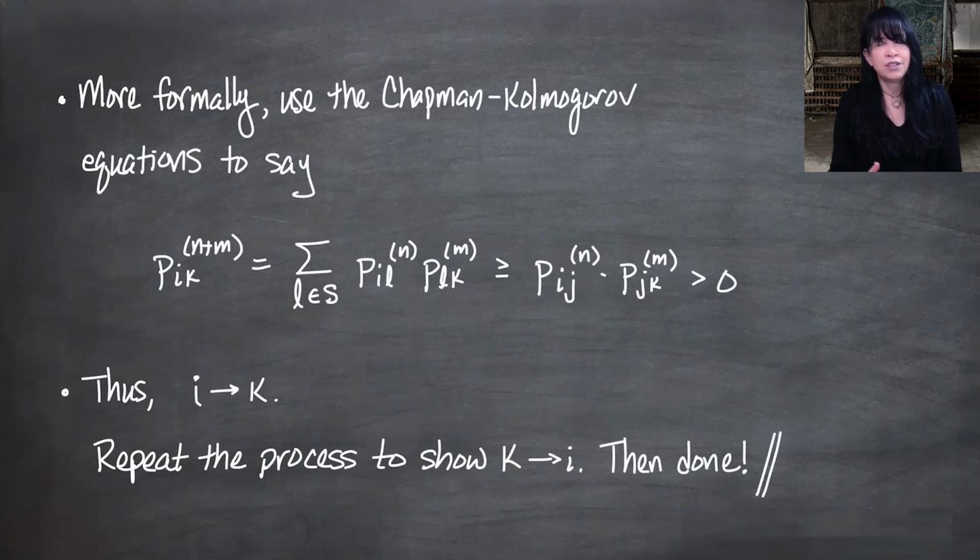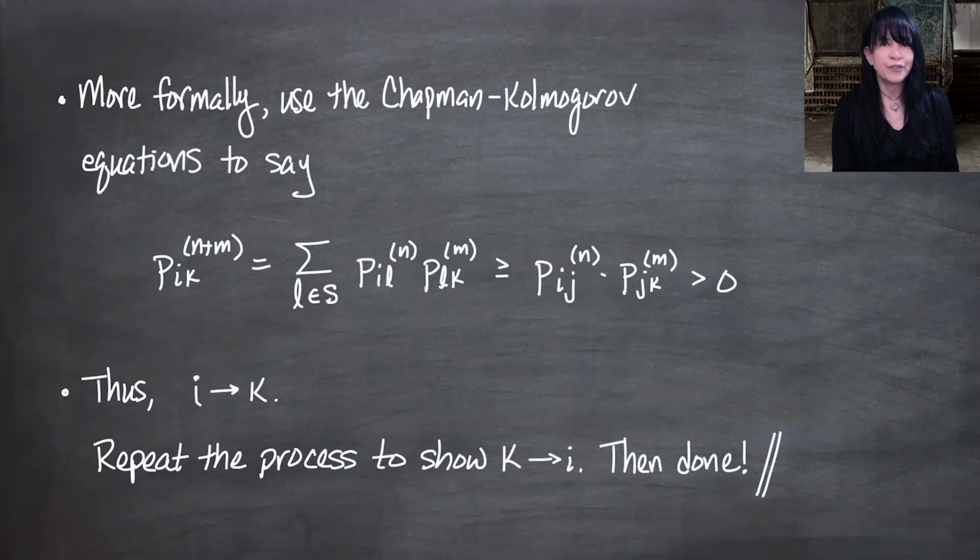So you should really use different numbers of time steps when you go the other direction, because maybe I can get from I to J in 3 steps with positive probability, but to go the other way, it might take me 5 steps. So I wouldn't use the same n in that case, but essentially we've proven it.